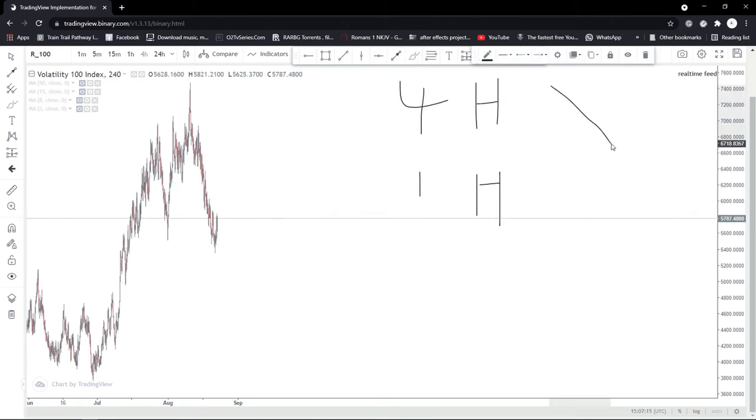I hope you're following, guys. Take your time, think about it. So a level is this, it's one level. Retest, and then after the retest, another level is created. Retest, another level, the third one.